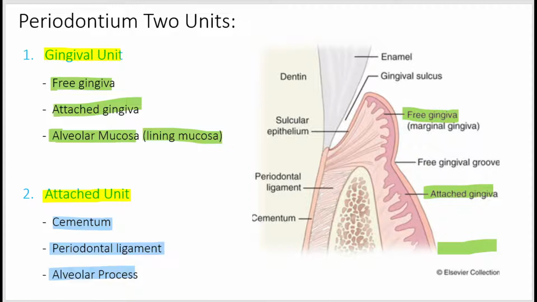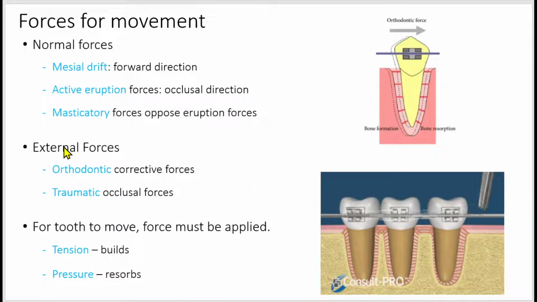Now the last part here, there are different forces that move the tooth around, especially because we're talking about the periodontium, which surrounds the tooth. So there are normal or regular forces that we have generally within the oral cavity.